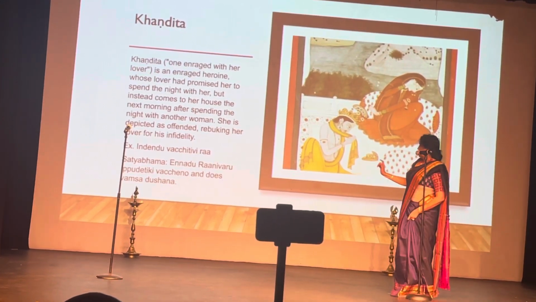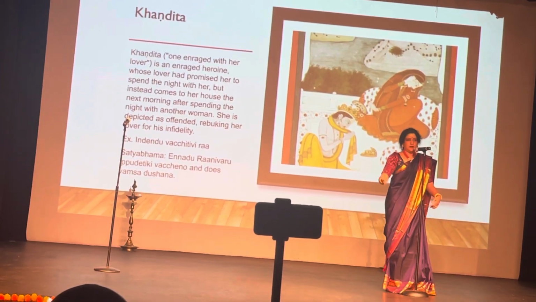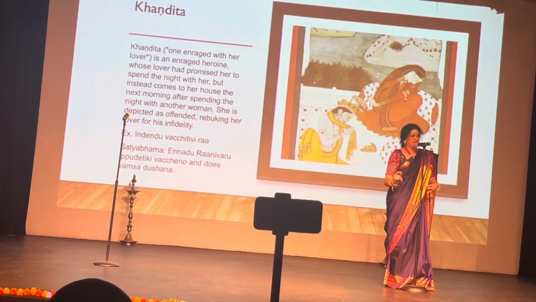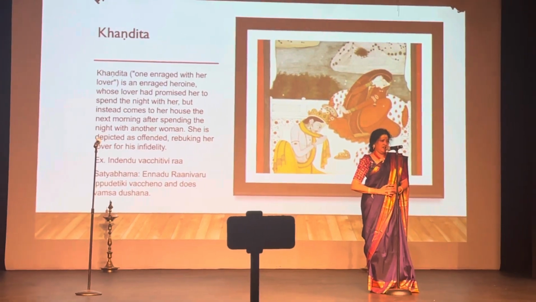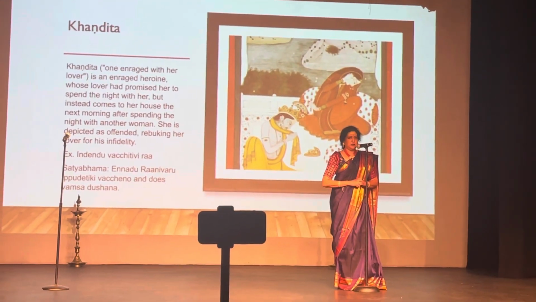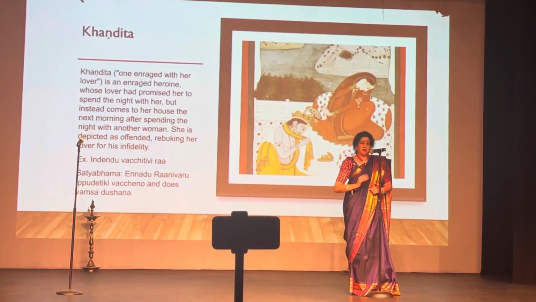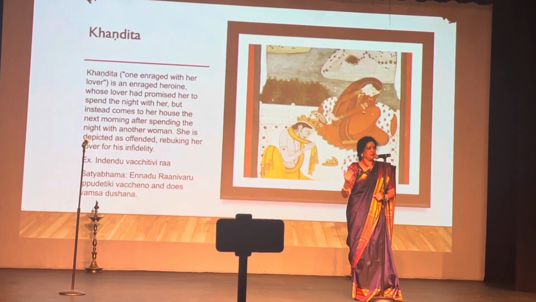Even in Satyabhama, in Kuchipudi, one of the examples is what I have just given, how she keeps saying that as a Kalahandrita. Sometimes she is very, very sarcastic. She says, why did you come now? Did you mistake it for Rukmini's house? I don't even want to see you. You can go.